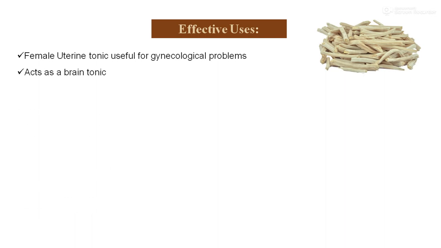It acts as a brain tonic, or the powder or types of medicinal product which we prepare. It is helpful for brain enhancement, in short considered for the preparation of brain tonic.